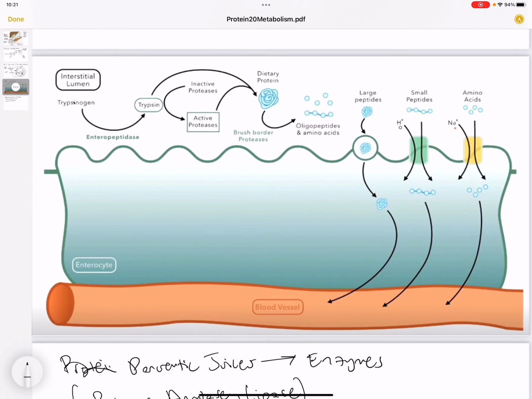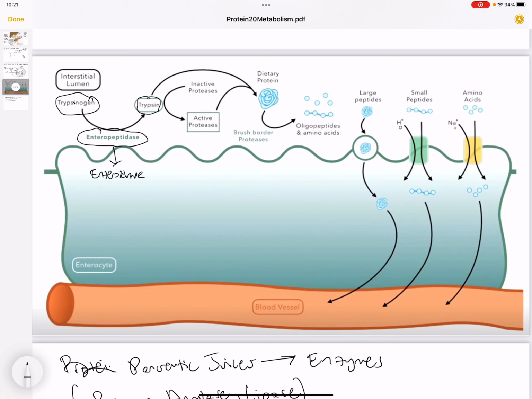Well, on the apical side of our enterocyte, we have an enzyme called enteropeptidase, also known as enterokinase, and enteropeptidase is going to convert trypsinogen into trypsin. One thing that you want to know about enteropeptidase is that an enteropeptidase deficiency could be fatal for the patient because they're not going to be able to digest proteins.